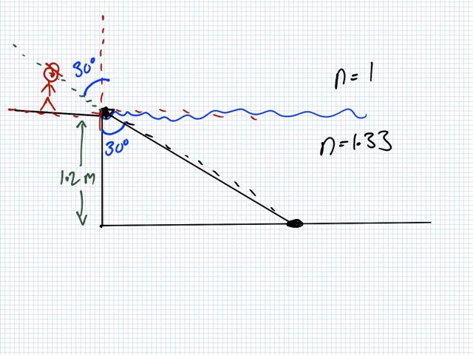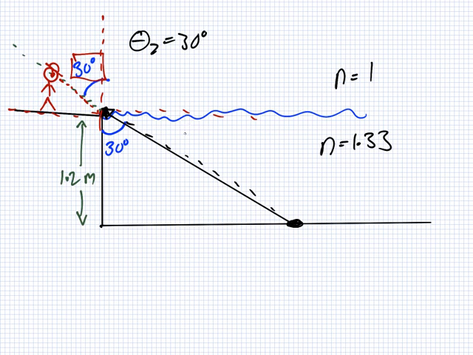He sees that as a 30. So we know that the theta 2 is 30. And if the pool was empty, the theta 1 would be 30.